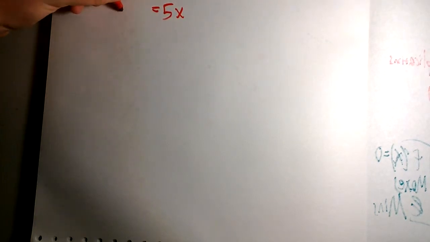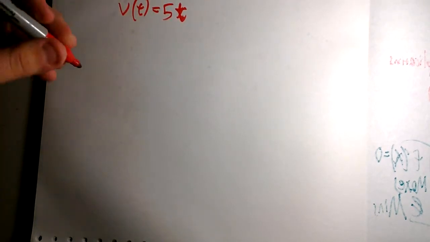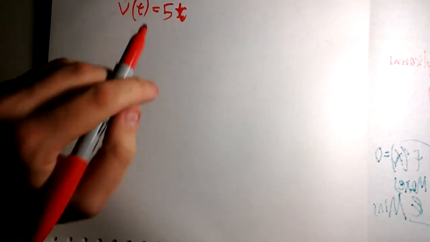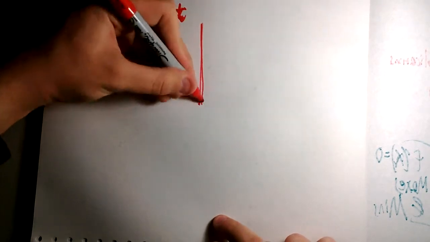Let's say it's for speed, and because speed relies on time, there you go, that's a t, not an x. So you plug in time and you get an output. All right, so I'm telling you that the speed I'm at is 5 times the time that's gone by. Of course, that's only for a certain amount of time. I imagine I wouldn't go 5 times the speed at every point. So let's graph this just to visualize it.